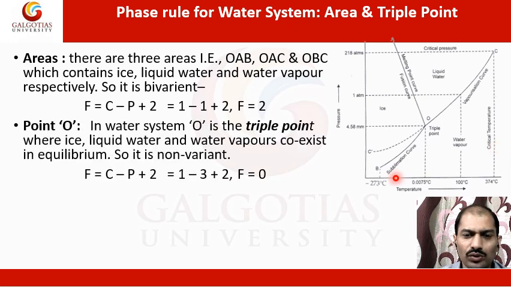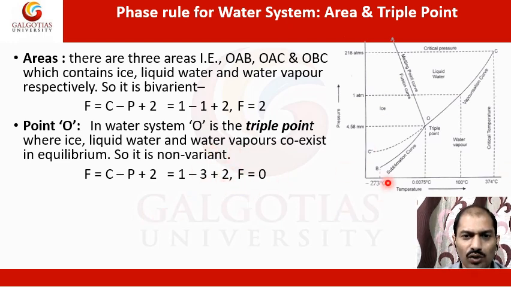Now coming to another very important point, the triple point. In this graph, the triple point is where ice, liquid and water vapor coexist in an equilibrium state, so it is non-variant.